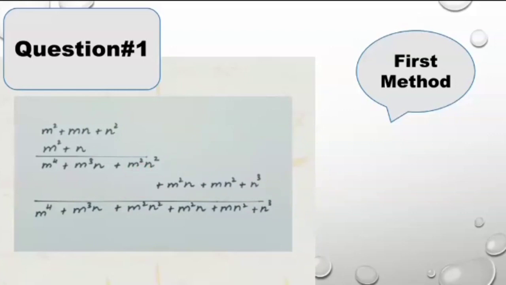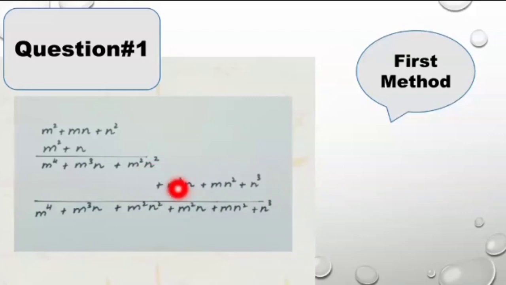Now we will multiply n by each term of first polynomial. When we multiply n by m square, the product is m square n. You can see that there is no like term of m square n in this expression, so we will write m square n at the side.